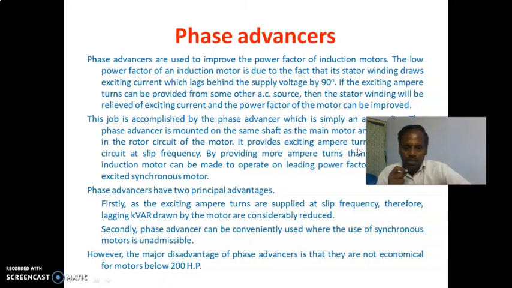The second advantage, the phase advancer can be conveniently used where the use of a synchronous motor is inadmissible. The disadvantage of phase advancers is that they are not economical for motors below 200 HP. That is, if the power rating is low, the phase advancer will not be used.